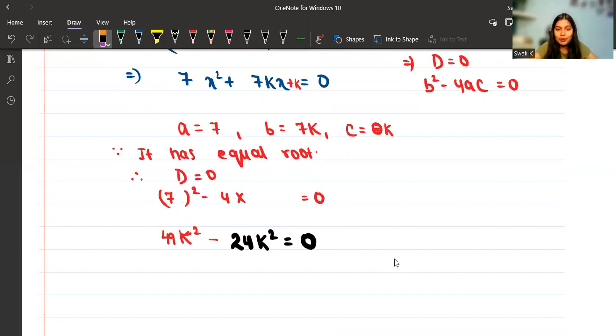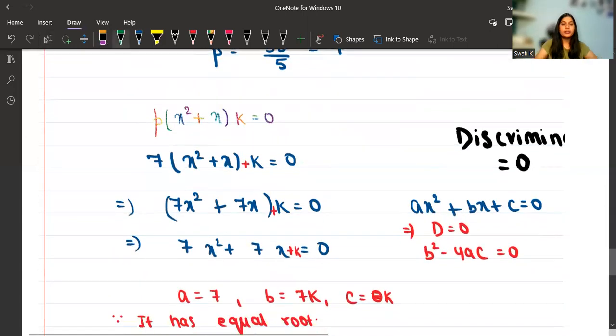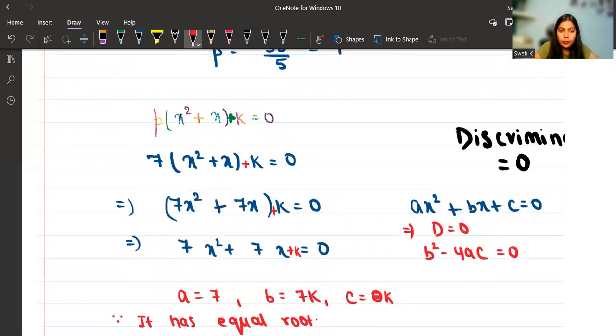I'll just check this over here only. See, I will make you understand. Here it is plus sign, that there is a misprint in the question. So now this will become 7x squared plus 7x plus k.